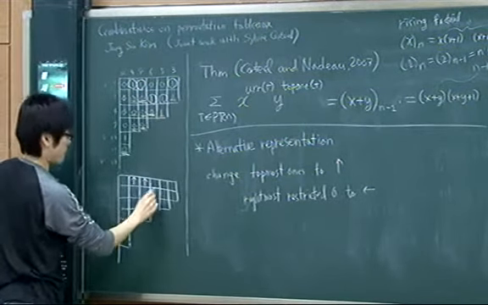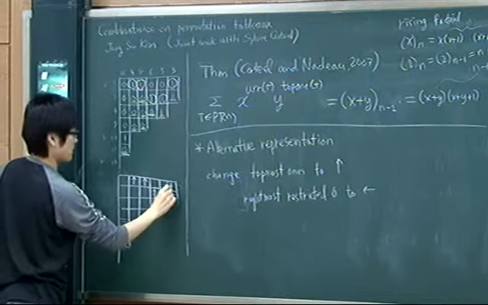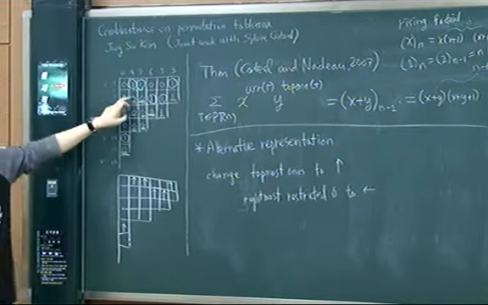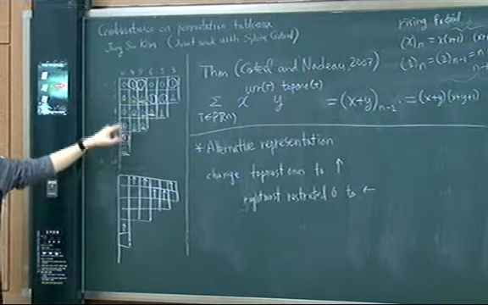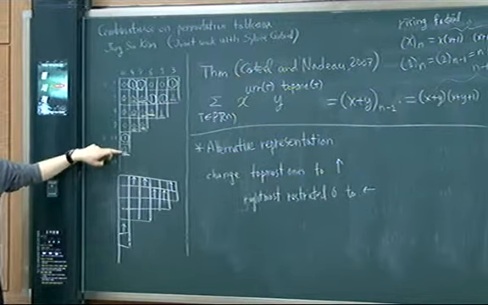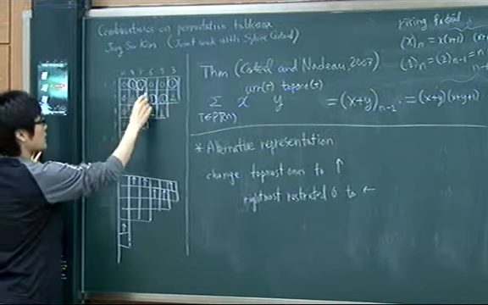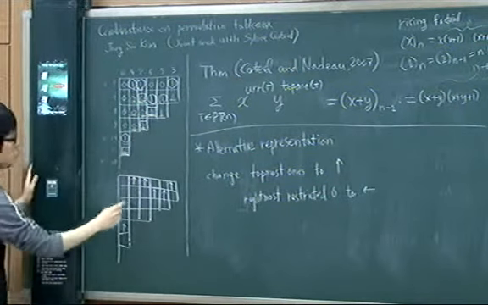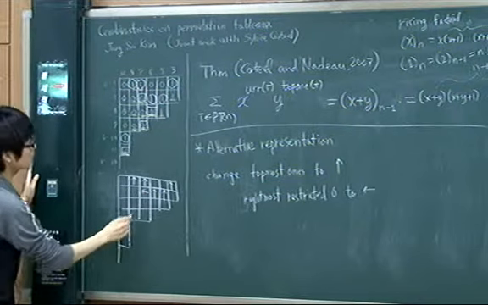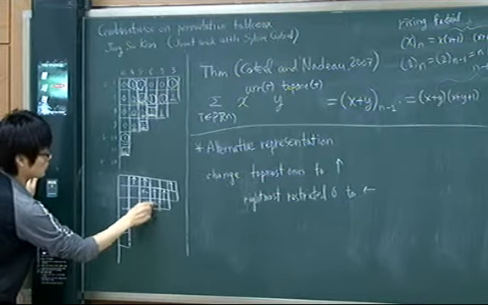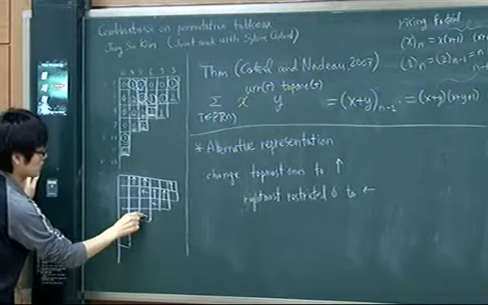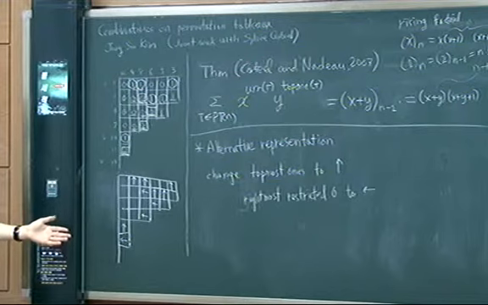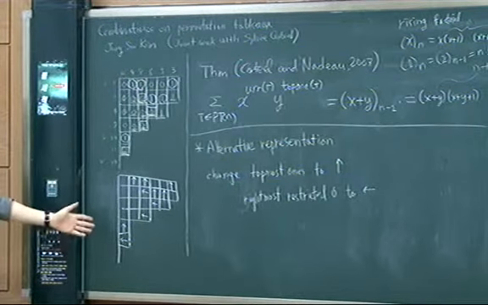Up, up, up, up, up. Yeah, I forgot this. Up. And these are the restricted zeros, and these are the rightmost restricted zeros. I change these to left arrows.